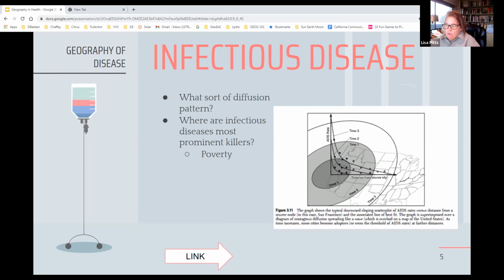And this can be seen in this graph, which shows AIDS rates falling further away from the source of San Francisco. And it's superimposed over a typical contagious disease spread.